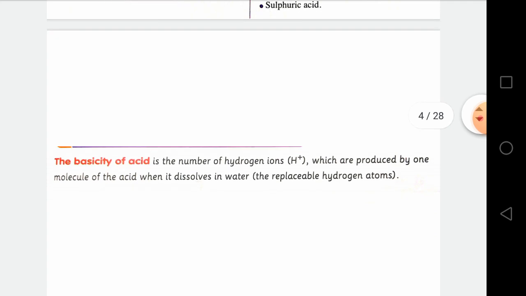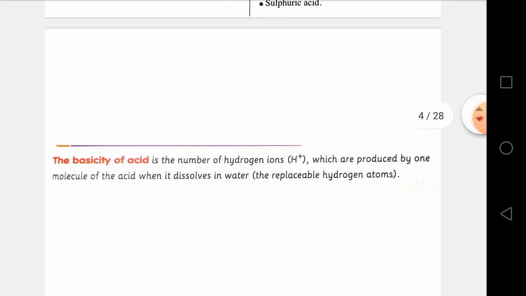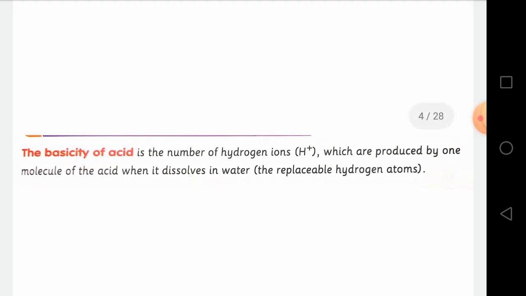According to the basicity, classification of acids according to their basicity, firstly we must define the meaning of basicity of an acid. Simply, the basicity means the number of hydrogen ions which are produced from an acid. For example, hydrochloric acid, HCl, contains only one hydrogen ion, so it is a monobasic acid.